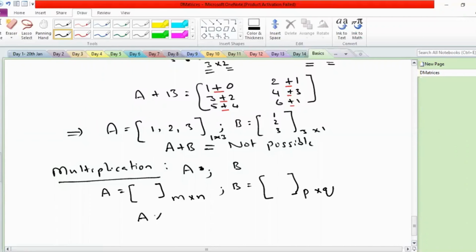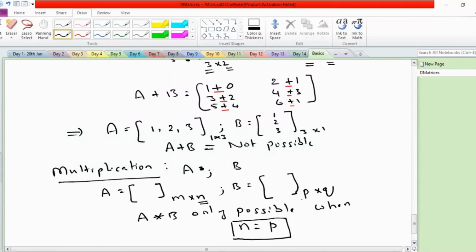A star B, that means multiplication, is only possible when n equals P. Please remember. That means this becomes this.